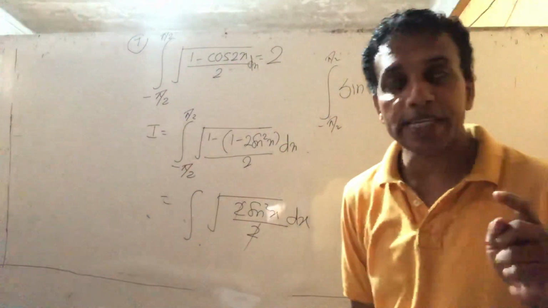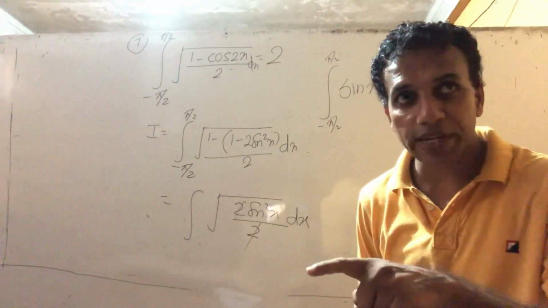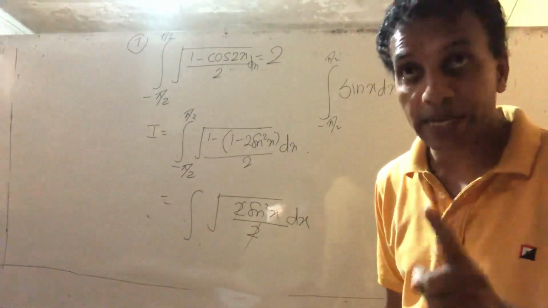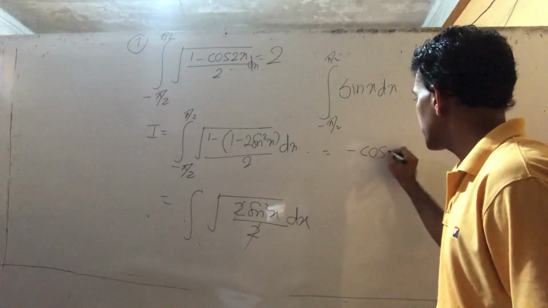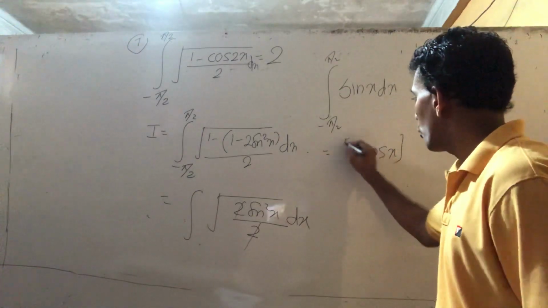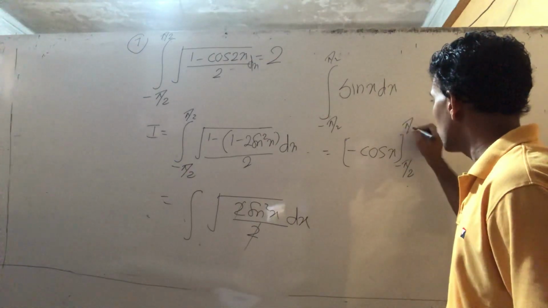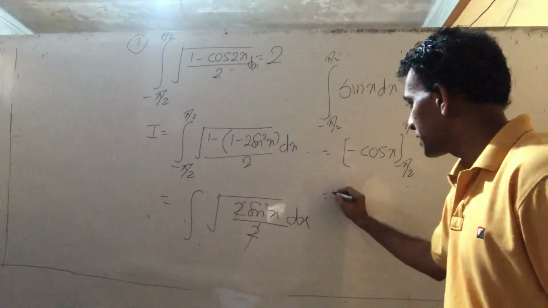Now what is sine integration? Sine differentiation is cos x, cos differentiation is minus sine x. Therefore sine integration is minus cos x, and write the boundaries minus pi by 2 to plus pi by 2. Okay, now see, I took the minus out.